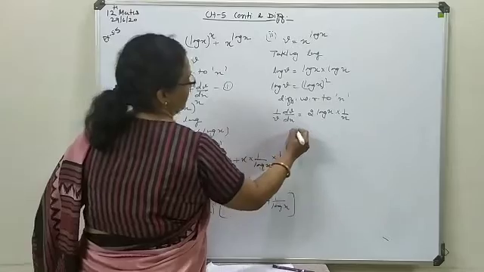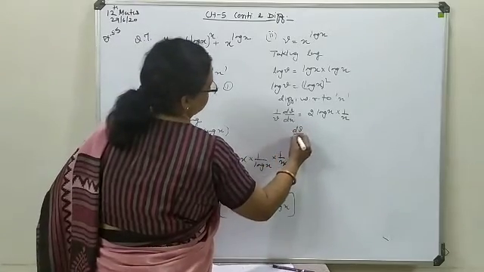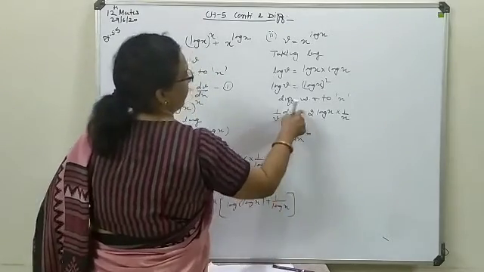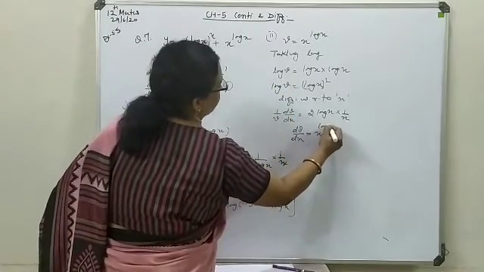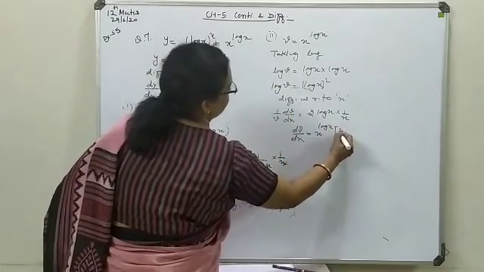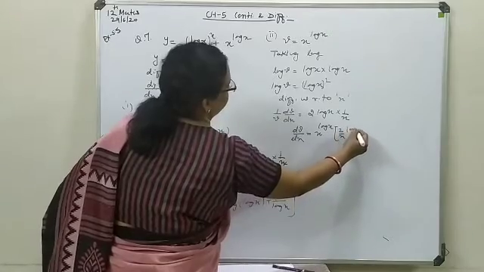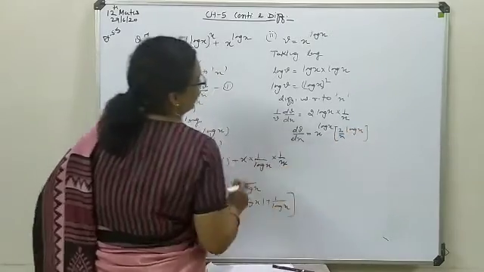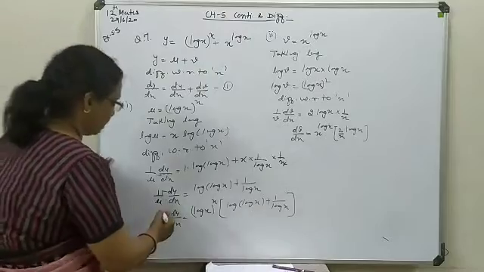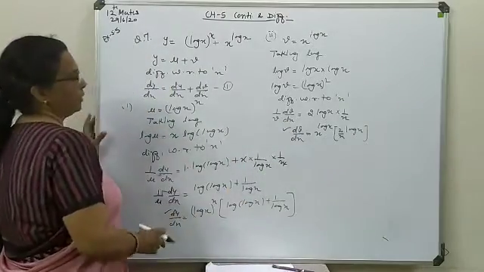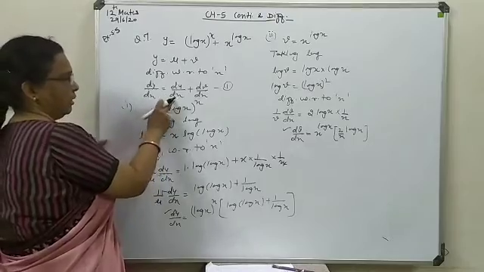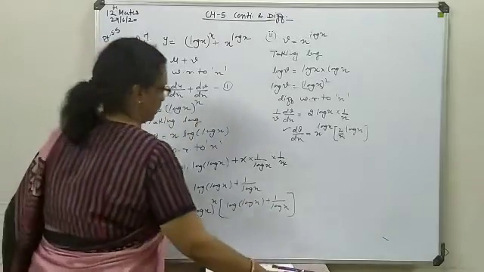Make your dv by dx separate. Multiply by v, that means x log of x. Here we are having 2 upon x log of x. Now both terms we make separate, du by dx and dv by dx. So to get the final answer, substitute here the respective derived terms.